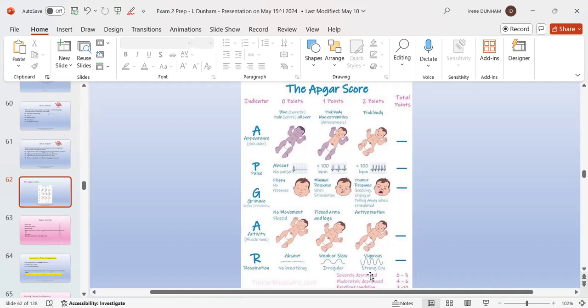If you have a severely depressed baby, they come out flaccid, not breathing, heart rate maybe below 100, maybe 90, with minimal response. If the score is from 0 to 3, he's severely depressed, and you need to do good resuscitative measures.